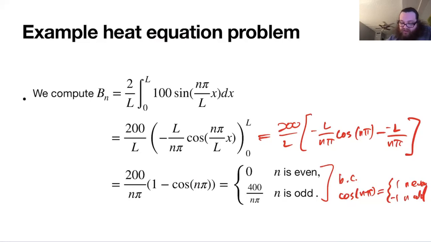Whenever this is minus 1, minus minus 1 becomes plus 1, and we pick up a 2, so we get 400 over n pi. If you want to simplify it like this, that's fine; if you want to keep it like this, that's fine as well. But the point is, we know what these coefficients b sub n are.